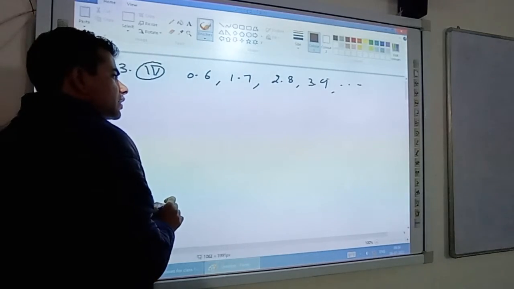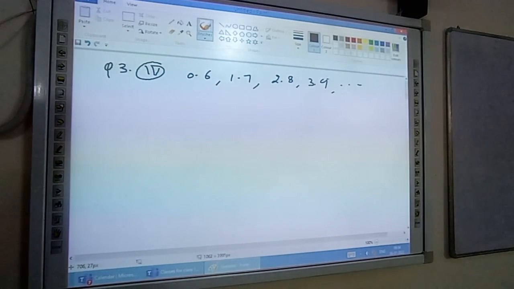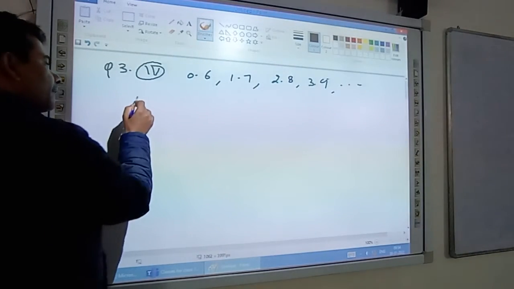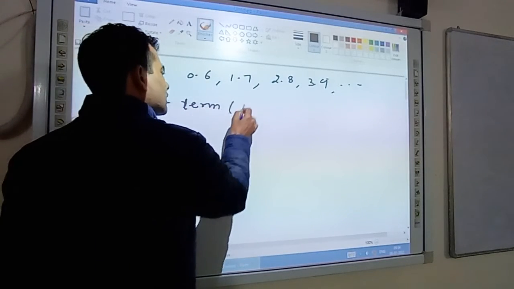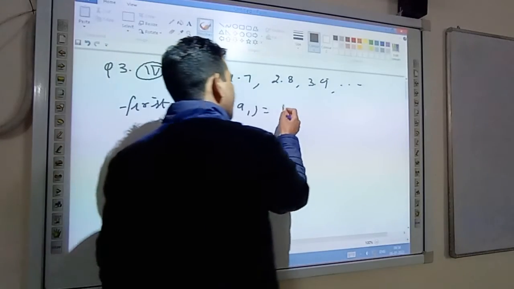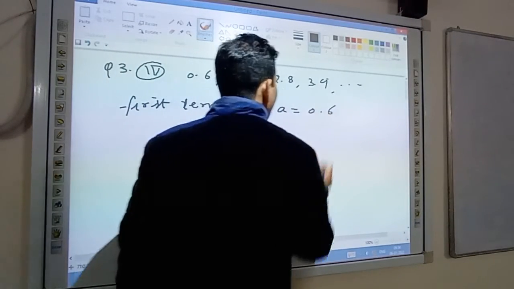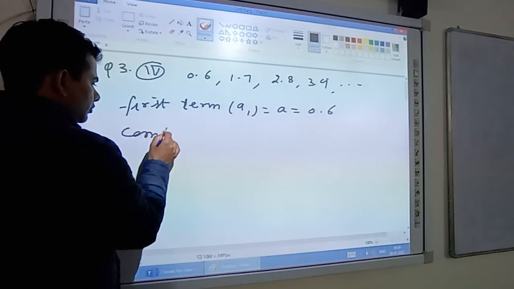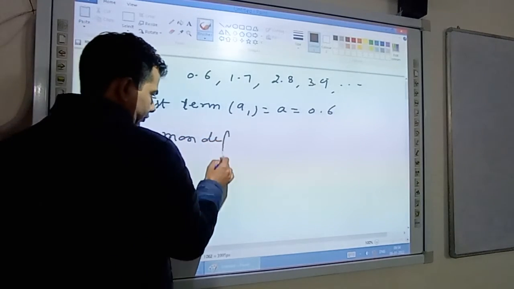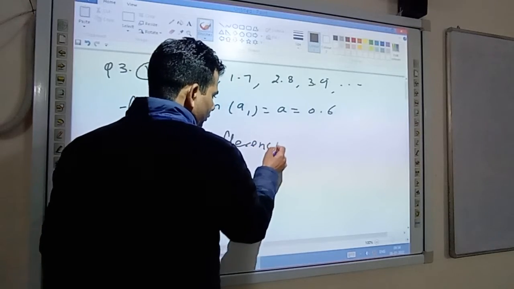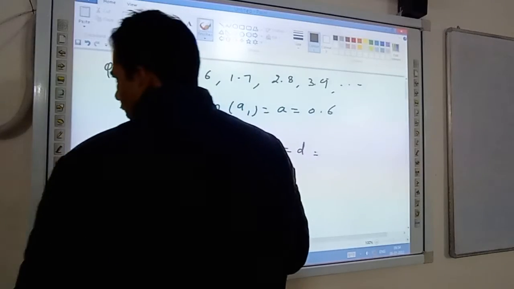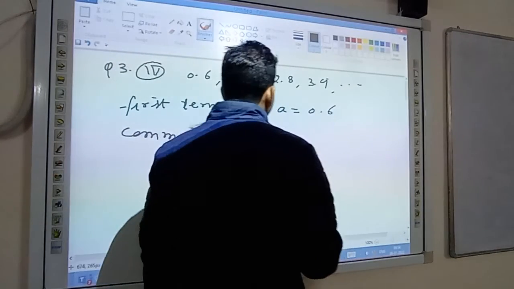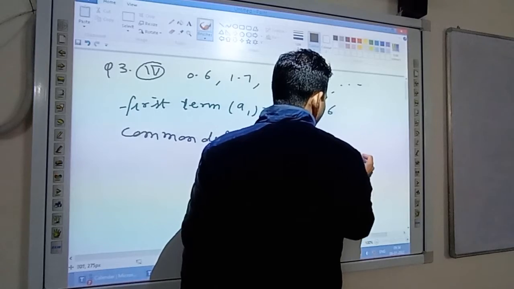What is your first term? First term is A1, that is 0.6. Common difference is represented by small d, and that is A2 minus A1.